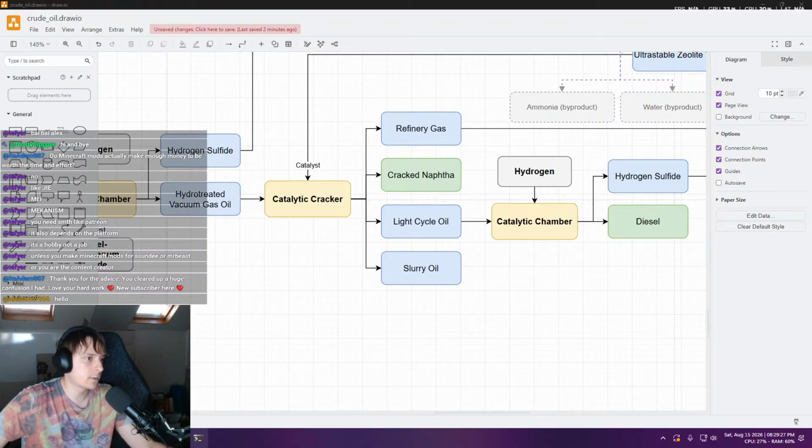Or it can produce carbon black, which is apparently something for synthetic rubber. I have heard of carbon black before. Oh yeah, it's used to make rubber tires strong. Interesting. I don't necessarily know that will be useful, but okay. And then there's heavy fuel oil is another one.